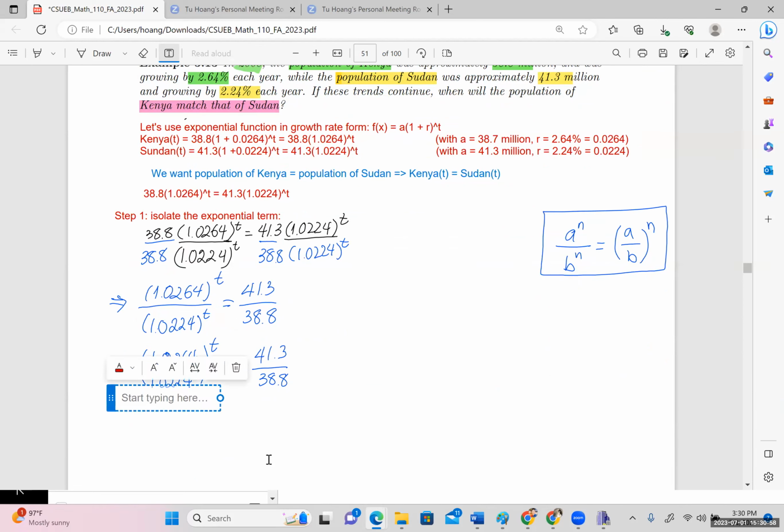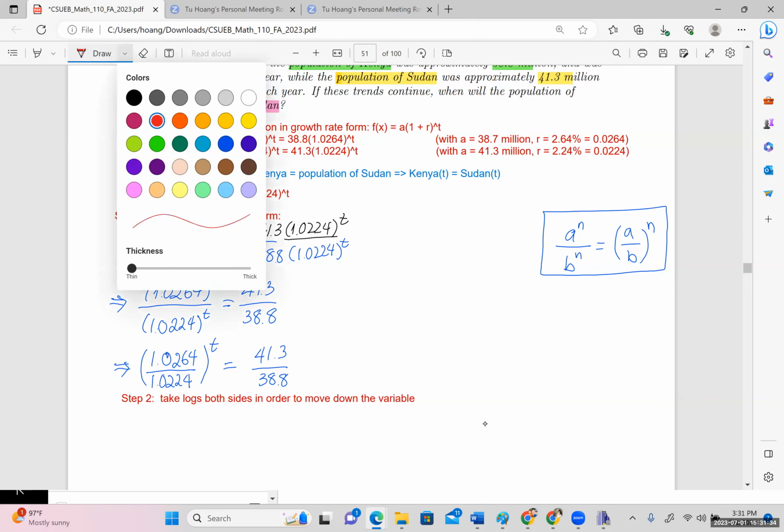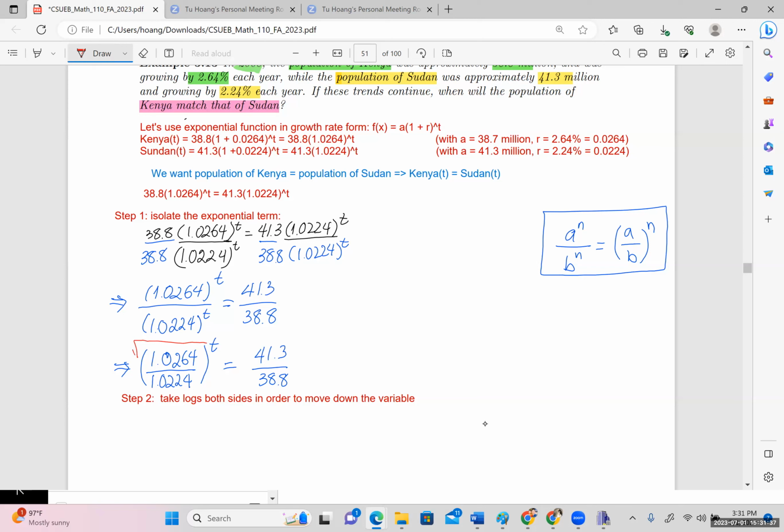Okay. The second step is to take log of both sides. The reason to take log of both sides is to move down the variable, which was t, from the exponent.